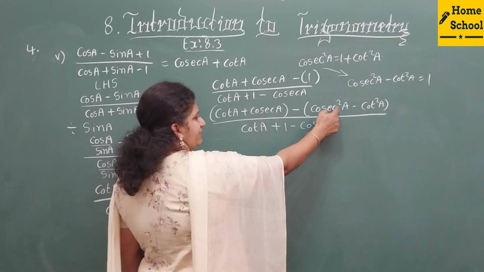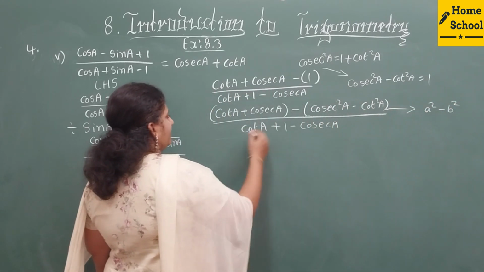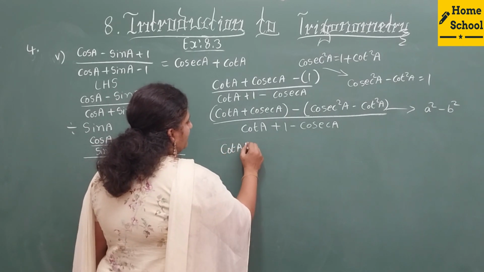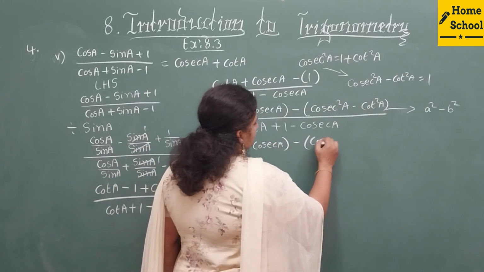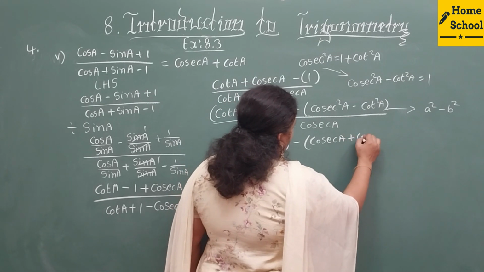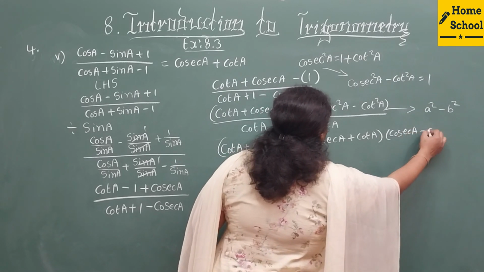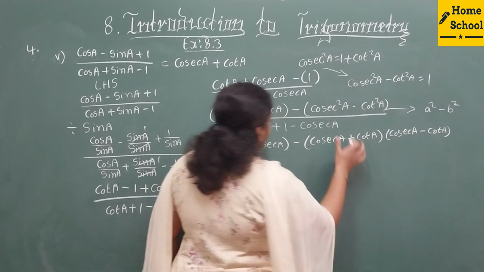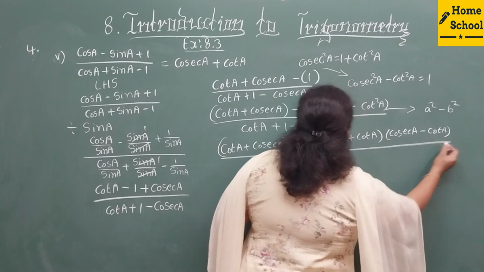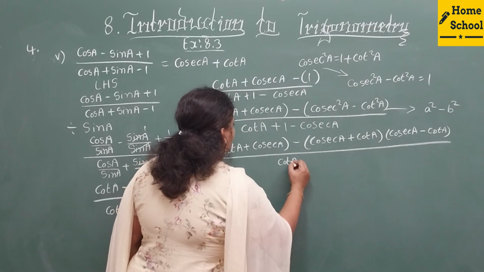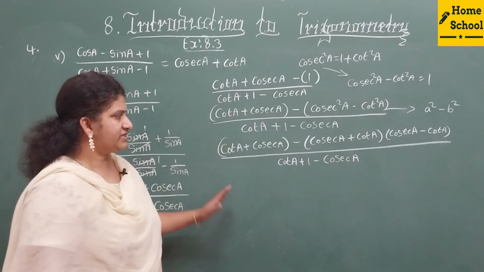Right? Again, this is in which form? It is in the form of A square minus B square. Split and write cot A plus cosecant A minus cosecant A plus cot A plus B into cosecant A minus cot A. Okay, A square minus B square can be written as A plus B into A minus B, whole divided by cot A plus 1 minus cosecant A. Okay, now it's very easy.